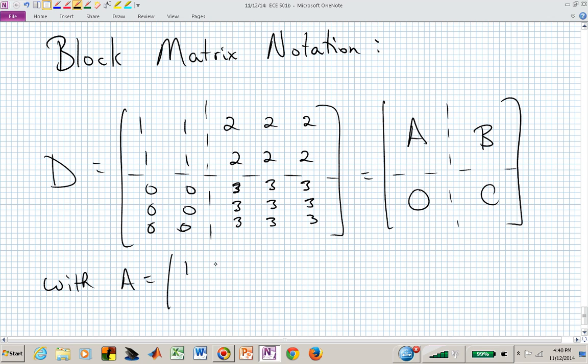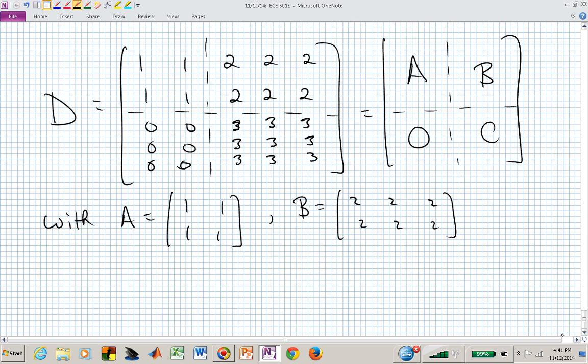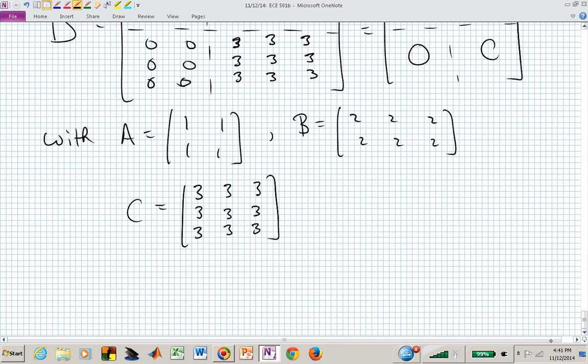where the A block, I hope it's clear, is the 2 by 2 submatrix of 1's. The B is the submatrix that's 2 by 3 of 2's, and the C is this square matrix 3 by 3.